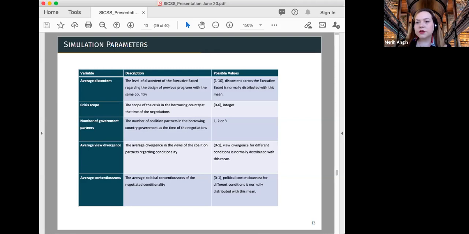And the main parameter that determines how much leverage the bureaucrats have on the design of the program is a function of the scope of the crisis in the country. Once again, based on Reinhardt and Rogoff crisis index. So for each step in the negotiation between the government and the bureaucrats over a specific condition, the variation in the acceptability of the conditionality is weighted by that leverage factor.